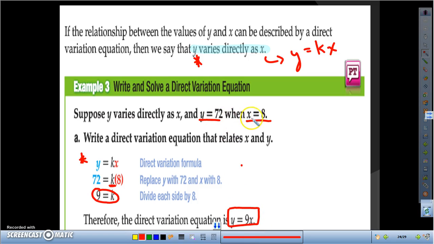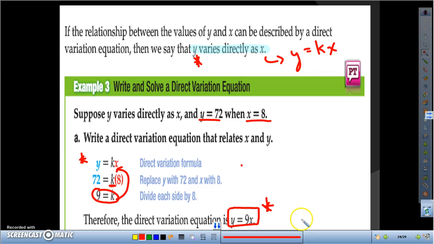So the 72 and the 8 are not included in my direct variation equation. I used the 72 and the 8 to find the k. Then once I found my k value, I plugged that back in to the original to get my direct variation equation of y is equal to 9x.